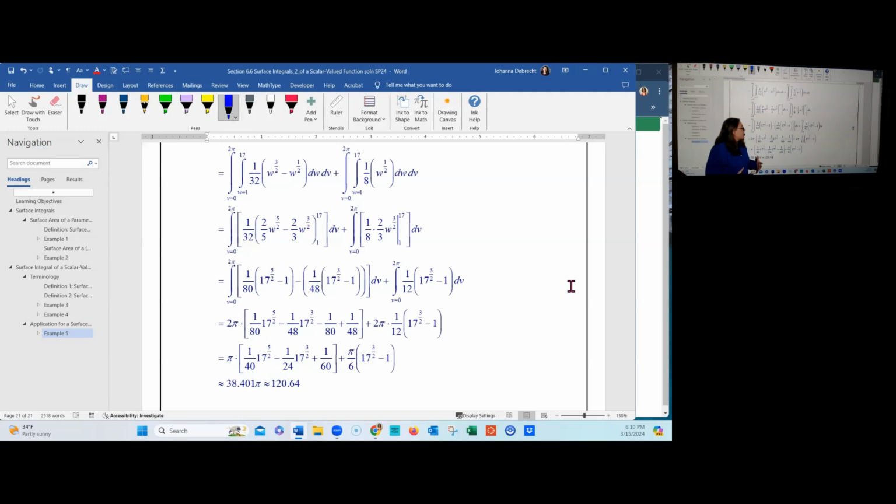Then you have to integrate with respect to the outside integral, which is with respect to v. There is no factor of v inside the integrand. It's a nasty, nasty constant, but it is still a constant. So when we integrate with respect to v, we just get v, which is evaluated from 0 to 2 pi, which gives us a factor of 2 pi on each integral.